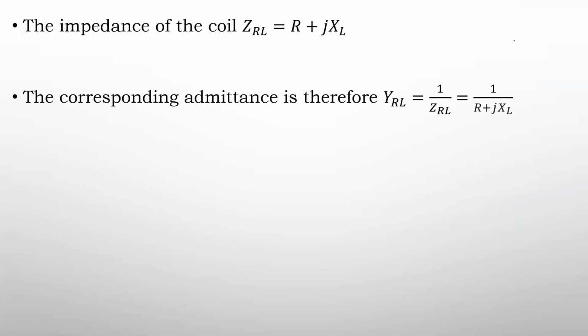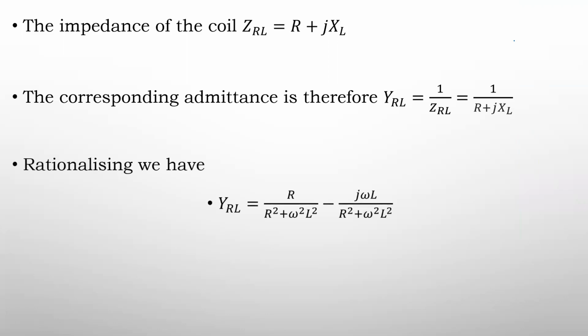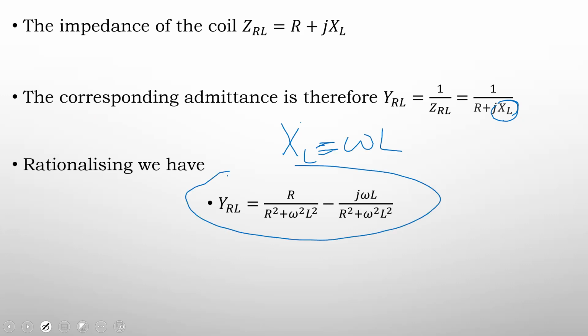We have already given you this expression in AC circuits, but since we are on to resonance, we'll repeat it. So if we rationalize, we multiply by R minus jXL, and note that in rationalizing, I now make the substitution for XL. So XL we know is equal to omega L. So I'm just making that substitution here. All right, so we rationalize, and that's what we have.